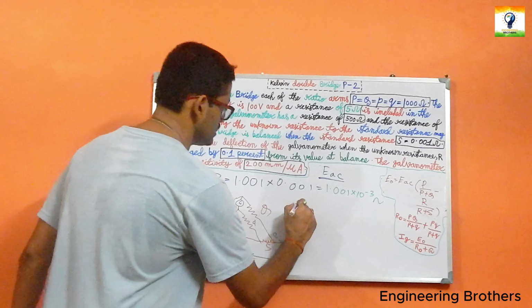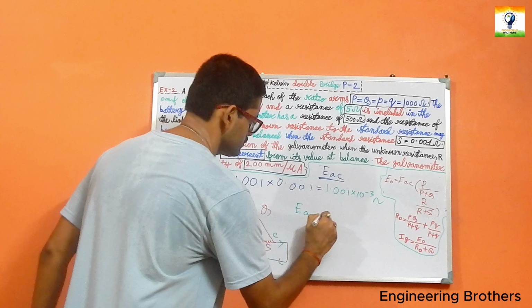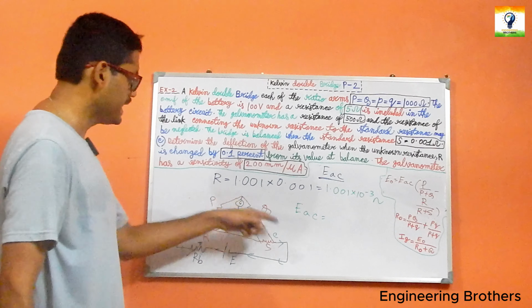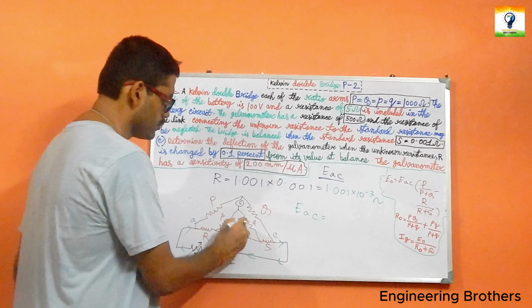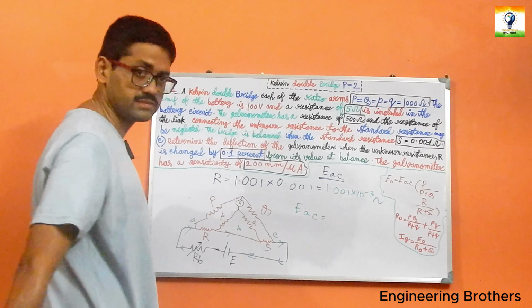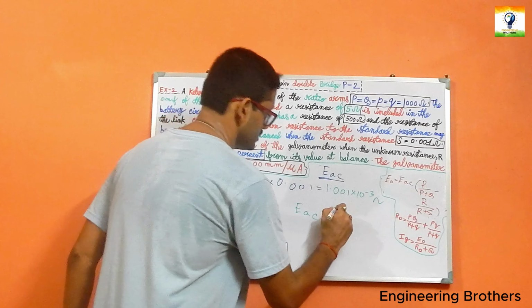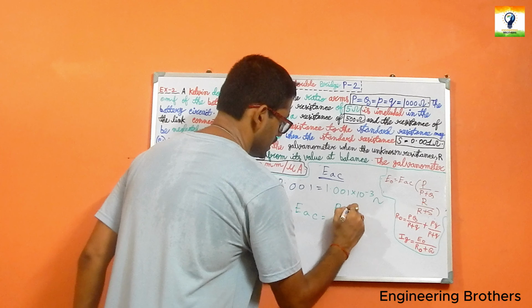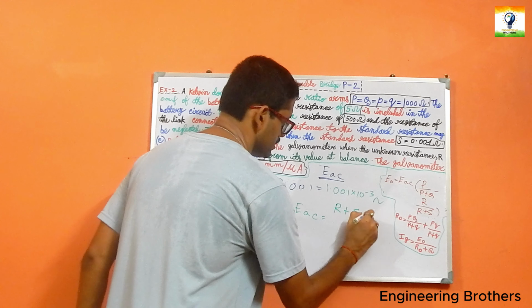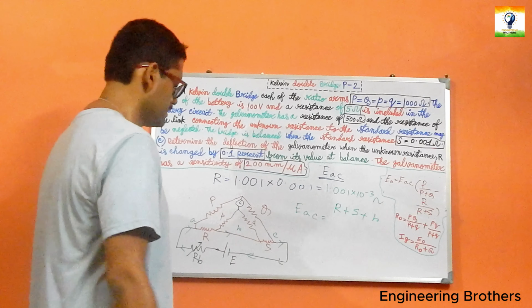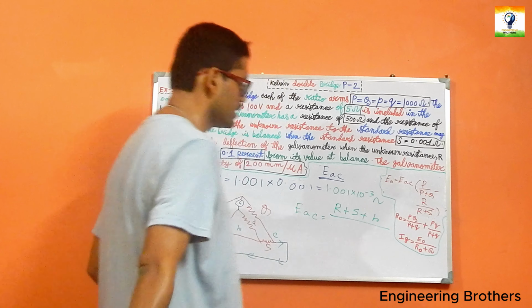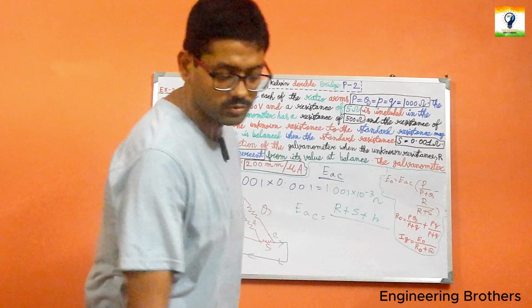So what is the EAC for this consideration? In between our A and C point we do have three resistors: R, small r and bigger S. So what is the resistance? We need to write down over here R plus S plus small r, divided by our total resistance. So what is the total resistance?